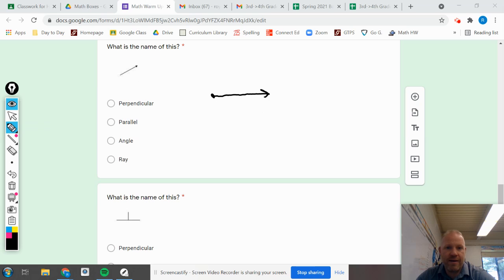So we oftentimes can think of that like a sun ray. A sun ray starts at the sun and goes forever out into the outer space and eventually hits us on the earth, and we get to experience sunlight because the sun ray shines on us. So a ray is a line that starts at an end point and goes forever.